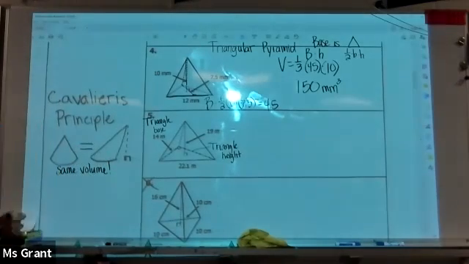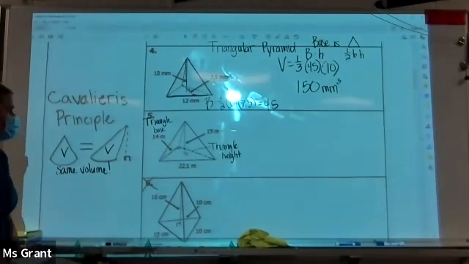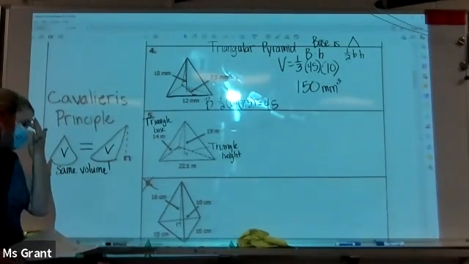The volume of this equals the volume of this. So even though it's slanted, it still is the same height, the same volume, pardon me.